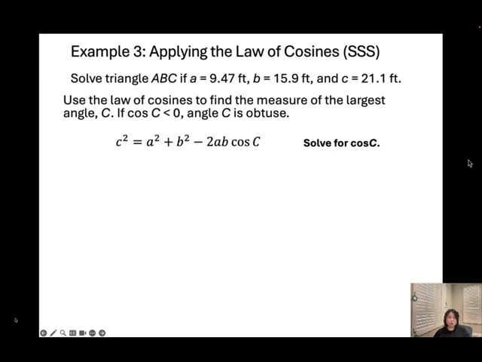So we want to solve for cosine C here. We're going to add 2ab cosine C to both sides and subtract C squared from both sides. You should get this. And then we're going to divide by 2ab on both sides.